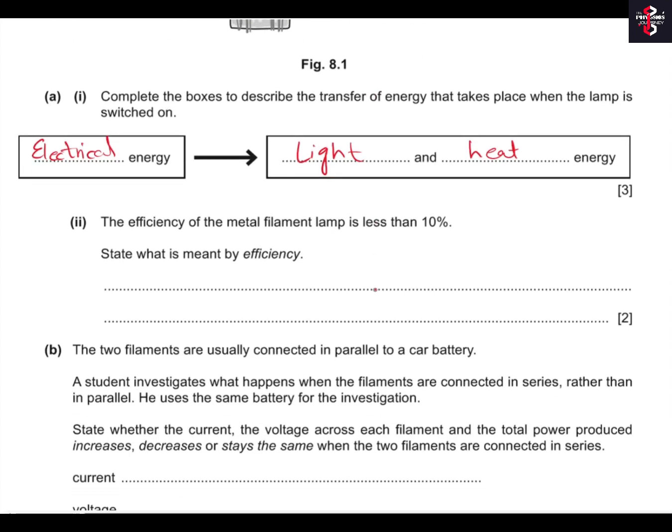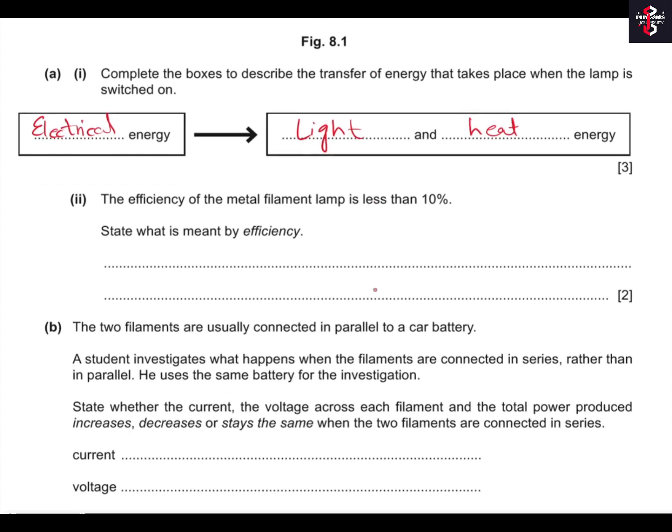Part 2. The efficiency of the metal filament lamp is less than 10%. State what is meant by efficiency. How can we define efficiency? Efficiency of a system is defined as the ratio of output energy to input energy. Here we are given that the efficiency of the metal filament lamp is 10%, so we will be calculating it in percentage.